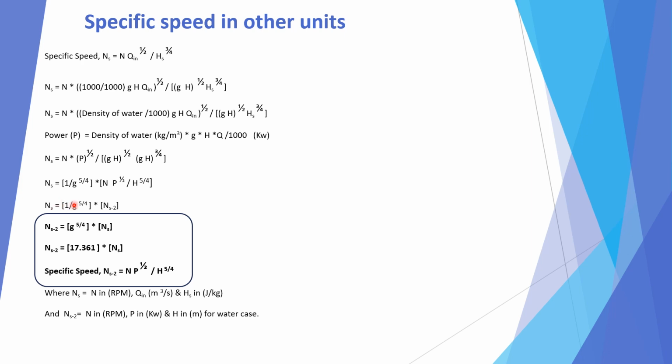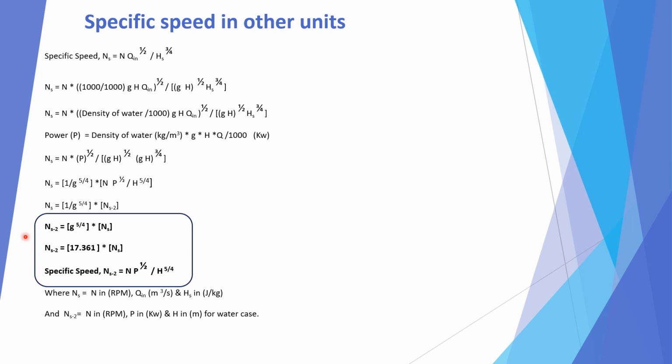So Ns is equal to 1 upon g to the power 5 by 4 into N into P to the power half upon Hs to the power 5 by 4. So Ns is equal to 1 by g to the power 5 by 4 into Ns2. So Ns2 is equal to g to the power 5 by 4 into Ns.